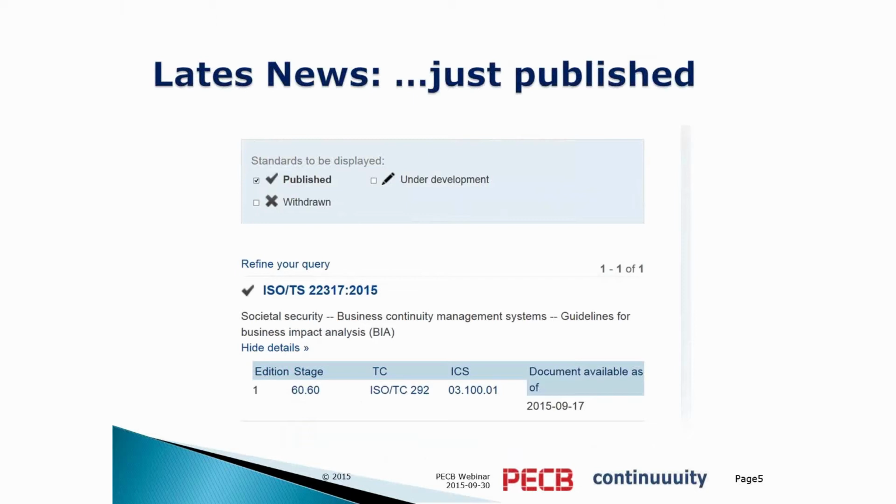ISO 22317 is not a standard against which you can be certified. The only standard which is a specification with certification is 22301. But as ISO developed this code or this designation TS for technical specification, we just have to live with it. Now we know that it's just guidelines for a certain subject, but I wanted just to clarify that it is not a standard against which your organization can be certified.